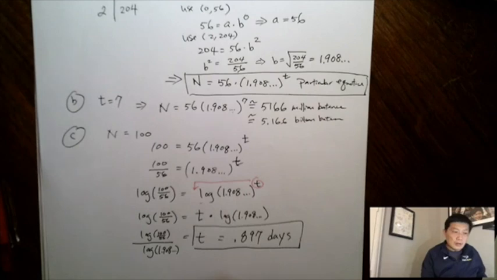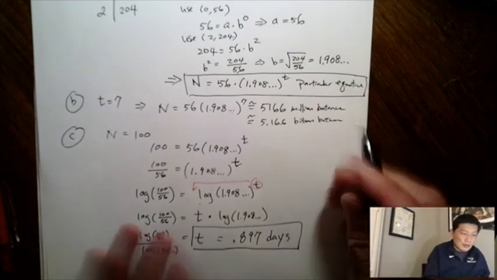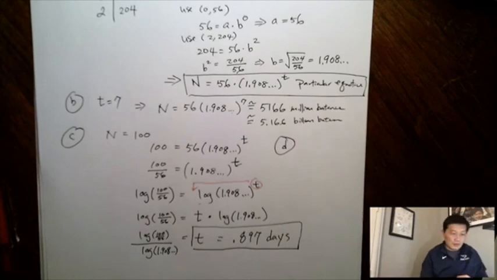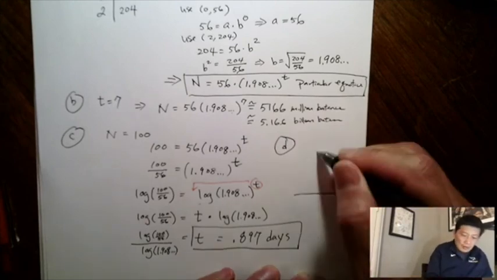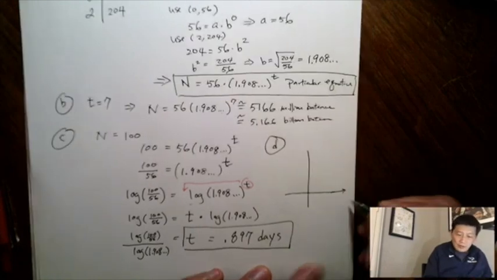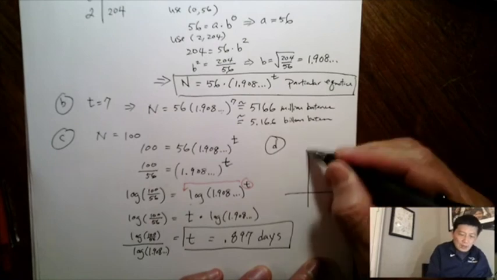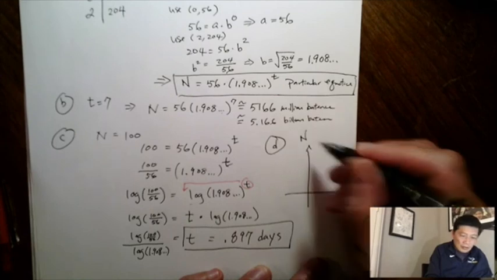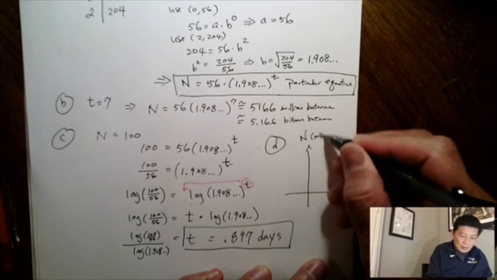Now the last problem, part D, says sketch the graph. Well, if you want to sketch a graph, it's pretty simple, right? We know that this is time in terms of days, and the y-axis will be number of bacteria in terms of millions.